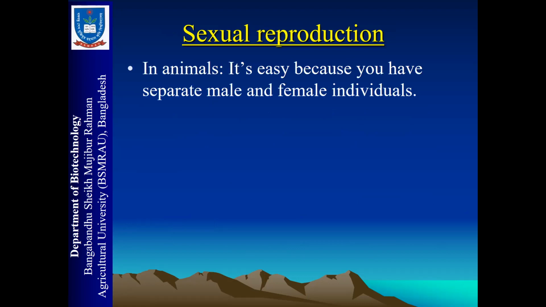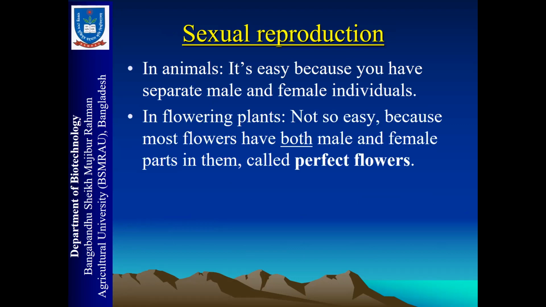Sexual reproduction in animals is easy because you have separate male and female individuals, and animals can move. Even insects, as you know, use pheromones and can fly from one to another for mating. But plants, as I told you, are sitting ducks, they cannot move away.